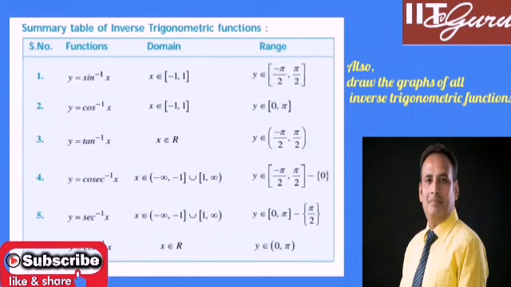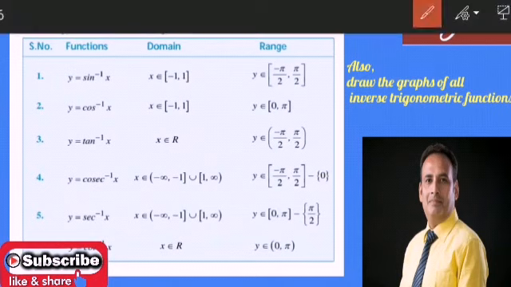So we see inverse trigonometric functions. As you know, sine inverse x and cos inverse x, the domain is -1 to +1. Mind this point, the domain of sine inverse and cos inverse is the same, -1 to +1.